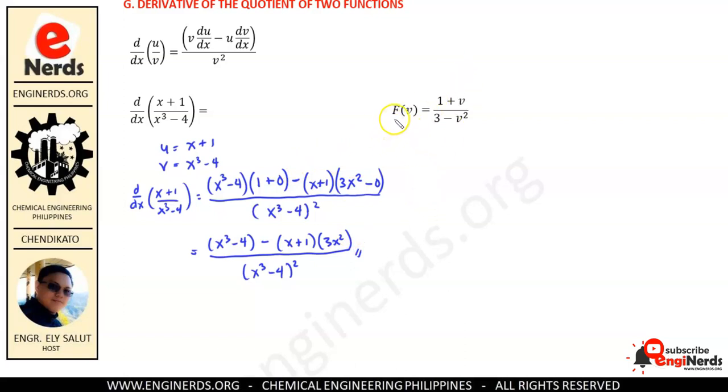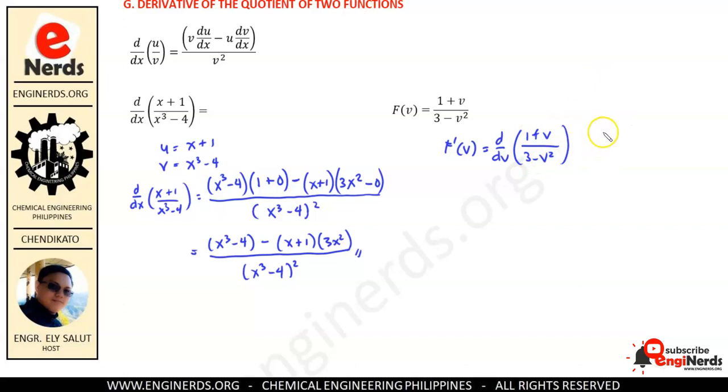So, in here, we have function of v is equal to 1 plus v over 3 minus v squared. So, that means we will take the derivative of this with respect to v. So, we'll have here f prime v is equal to the derivative of 1 plus v over 3 minus v squared.